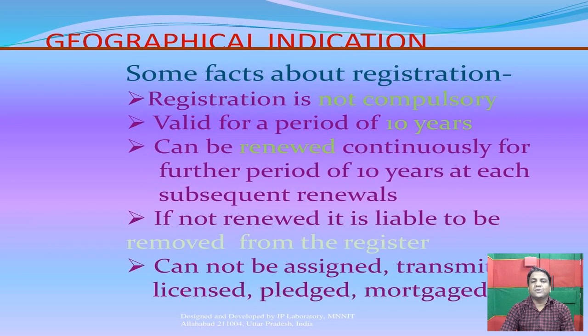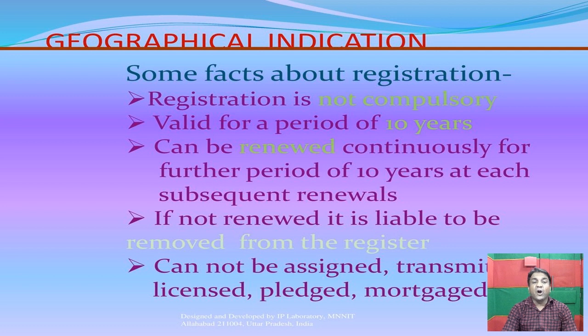Some facts about geographical indications. Some facts which are related to registration. GI registration is not compulsory for producers or any manufacturers. The validity period of the GI is 10 years, and after that it can be renewed continuously for a further period of 10 years at each subsequent renewal.